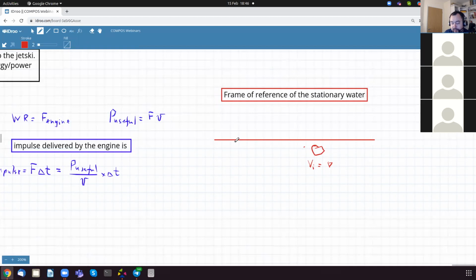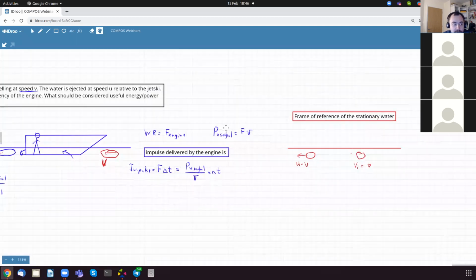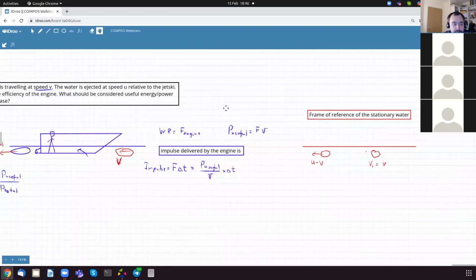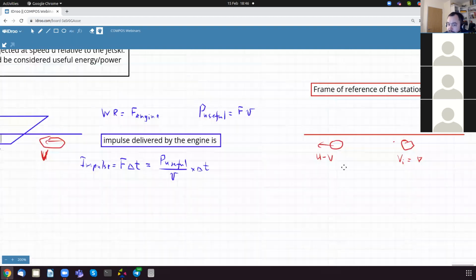But the jet ski is traveling at speed V and throwing the water back at a speed U. So the speed of the water is going to be U minus V, because U is the speed relative to the boat. Right? The water is ejected at speed U relative to the jet ski. Does that make sense? Why it's U minus V?